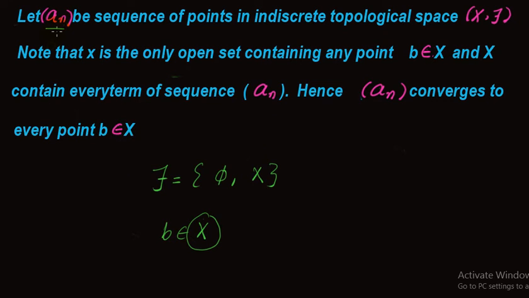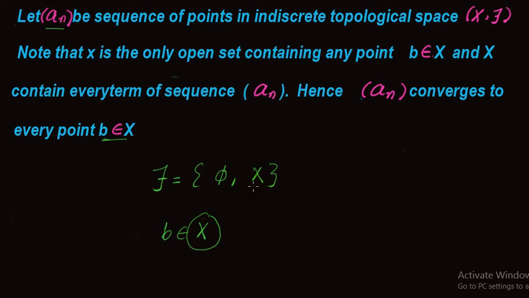So this sequence an of terms a1, a2, a3, and so on, of this set X converges to every point of this set X. So every point b belongs to X is the limit for this sequence an.